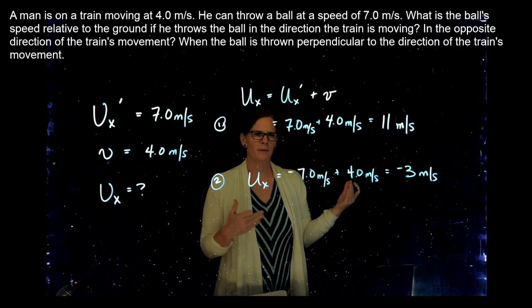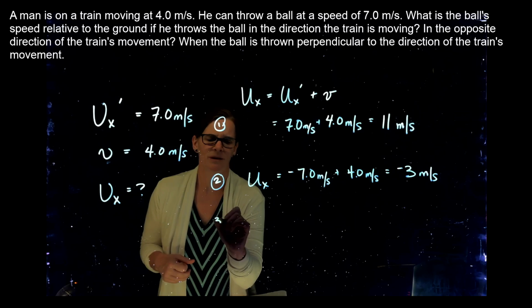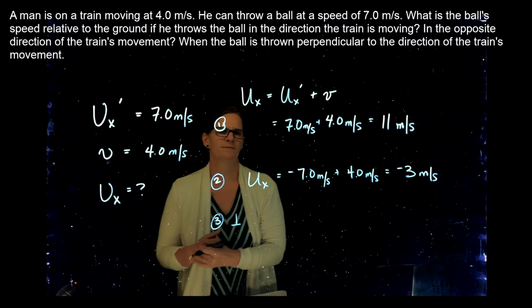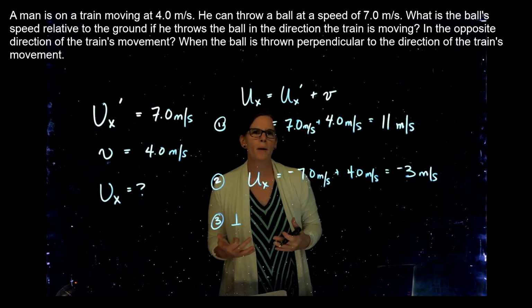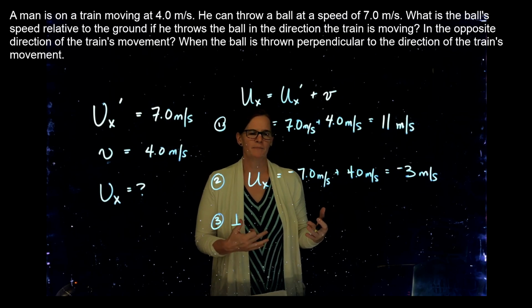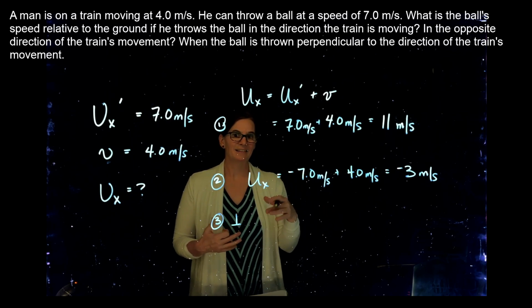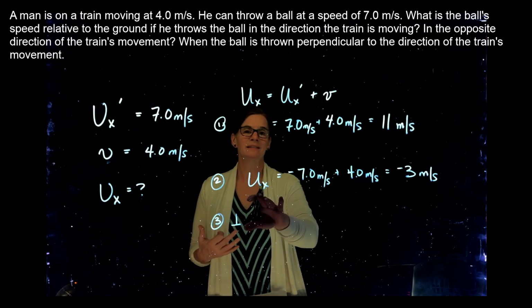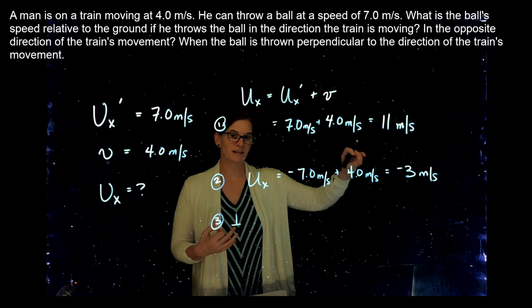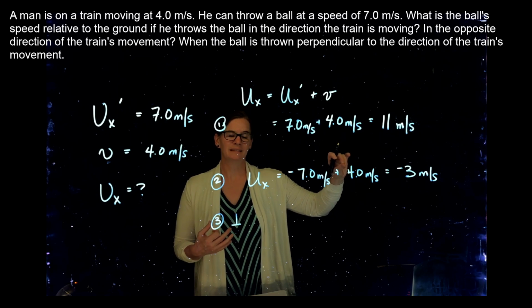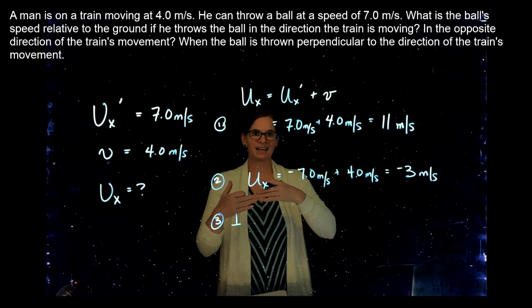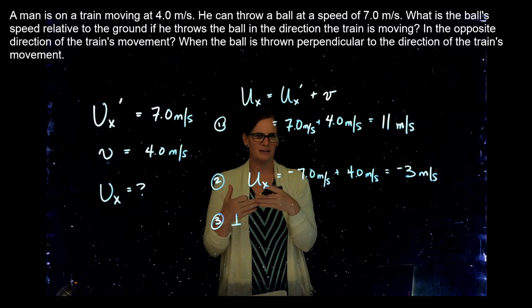But now what about part 3, where he is throwing the ball perpendicular? In the case where he's throwing the ball perpendicular, the ball has a component of its motion in the horizontal direction, and now it also has a component of that motion perpendicular to that direction.